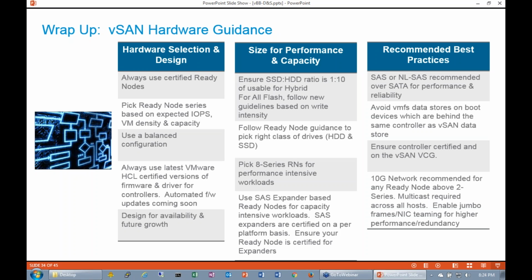When you order a ready node, you can say, okay, look, I want to add some additional capacity. Or you can say, if the chassis supports it, I want to double the capacity. Things like that you can absolutely do. Don't let anybody tell you you can't do that, right? Ready nodes are a really, really good, easy way to consume vSAN, primarily because all the hardware is certified to work with vSAN already, okay?